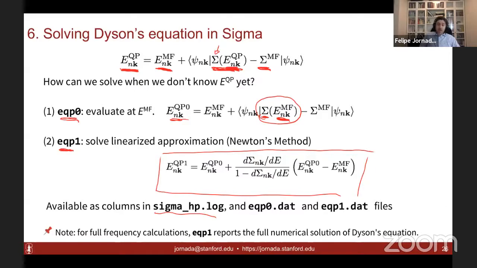In general, we trust EQP1 much more for reporting band structures. Sometimes looking at EQP0 may be good, for instance, for lifetimes and other quantities, but for quasi-particle excitation energies, EQP1 is the most trustworthy number that you should be looking into.